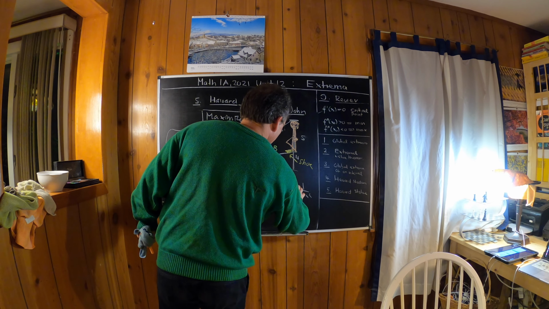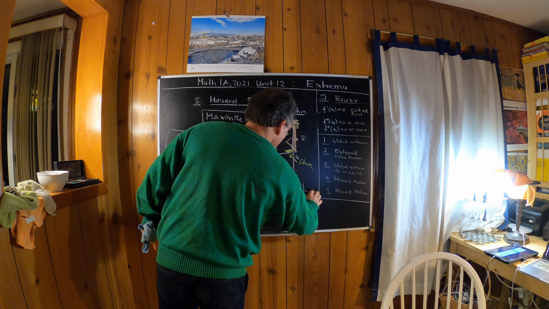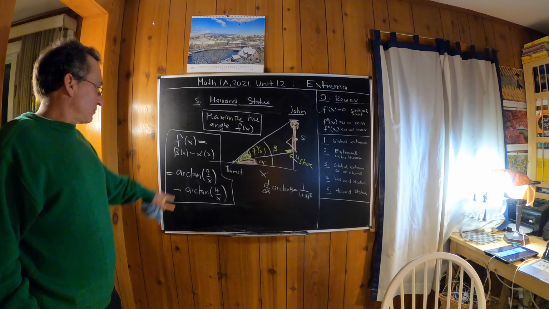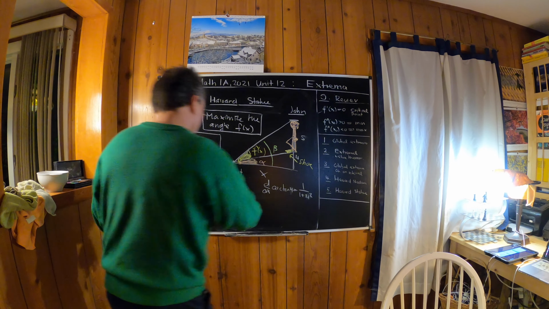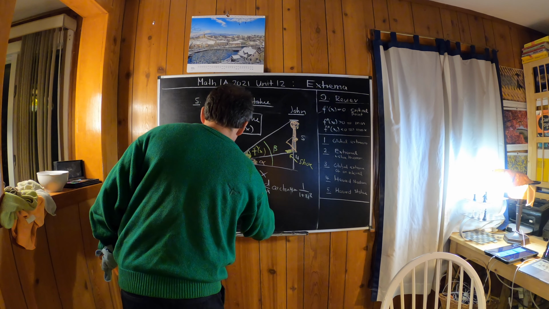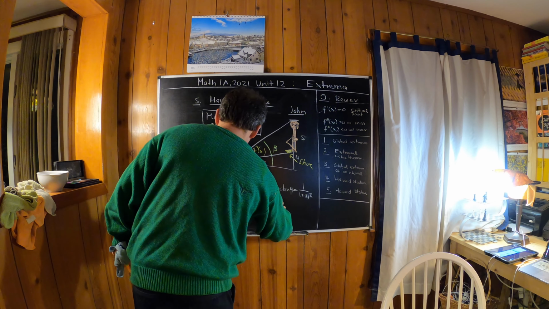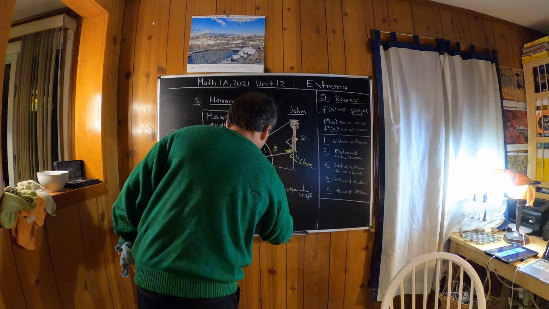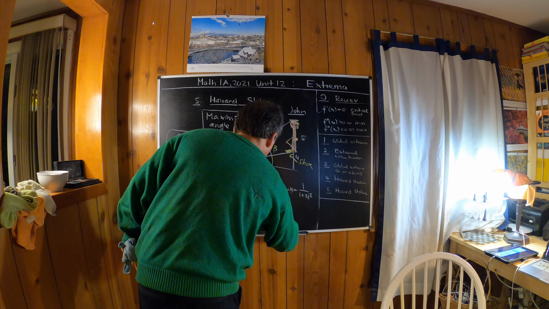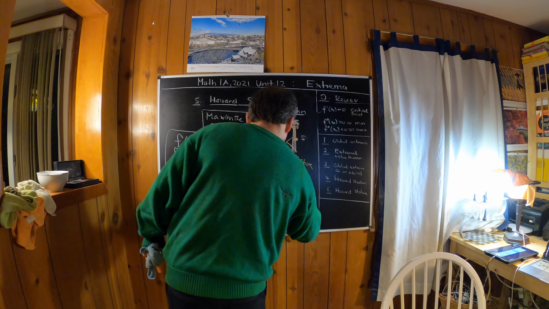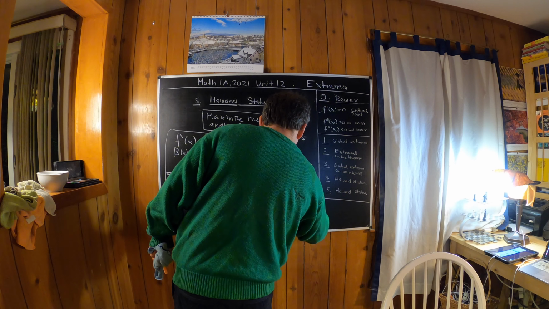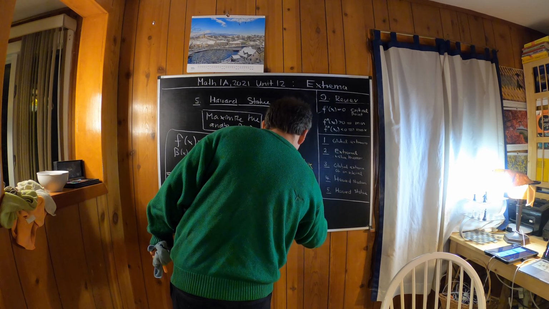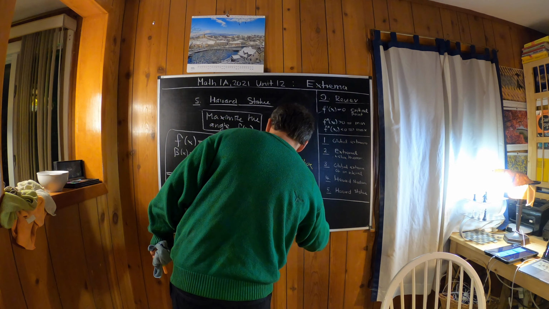Just put it as u. And so we can use this, and then we get f prime of x is minus 9 over x squared by the chain rule over 1 plus 9 over x squared, and then minus 4 over x squared over 1 plus 4 over x squared.